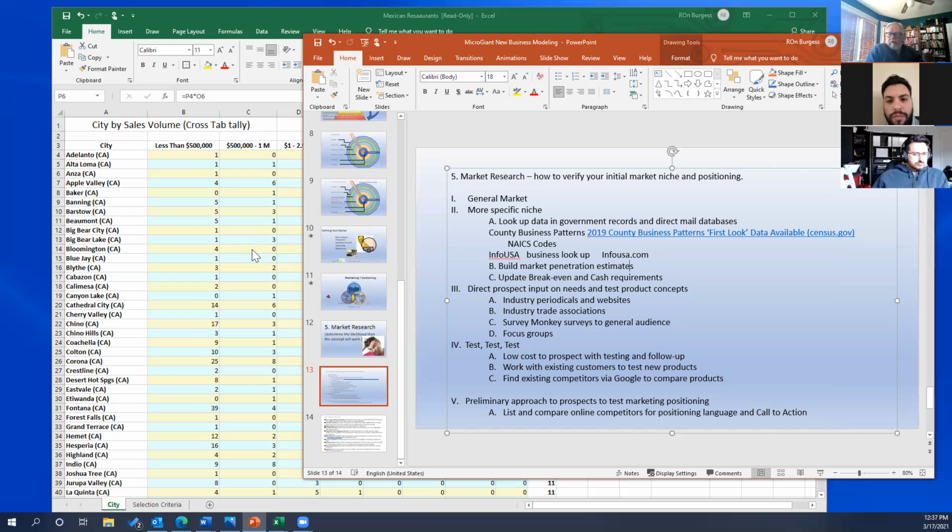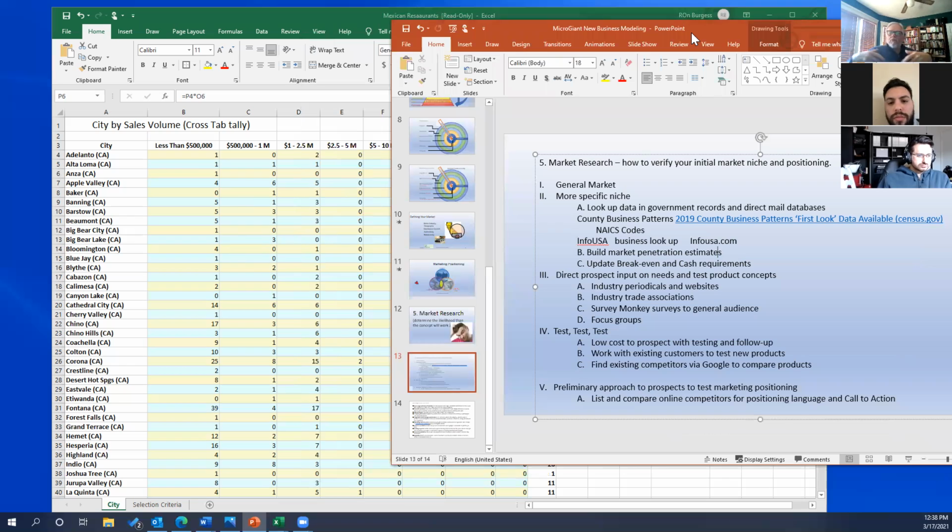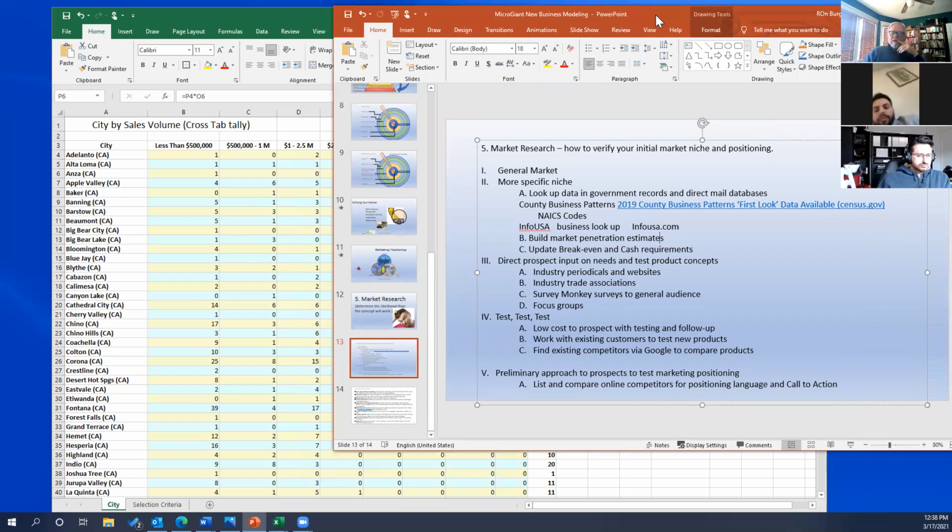When you're in the retail business, you need to do this same exact thing, but for consumers. But in business to business, if our market is restaurants, then we want to look at the businesses, and that's a business to business application. It's much more difficult to do a consumer profile than a business to business profile.